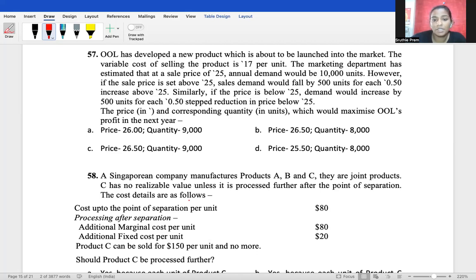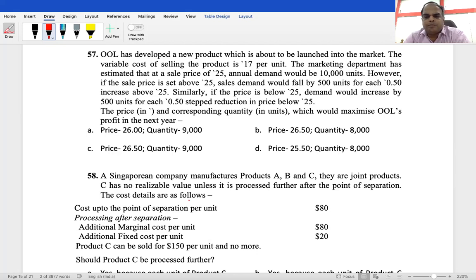Similarly, if the price is below rupees 25, demand would increase by 500 units for each 0.5 stepped reduction in the price below rupees 25. Find the price in rupees and corresponding quantities in units which would maximize OOL's profit in the next year.